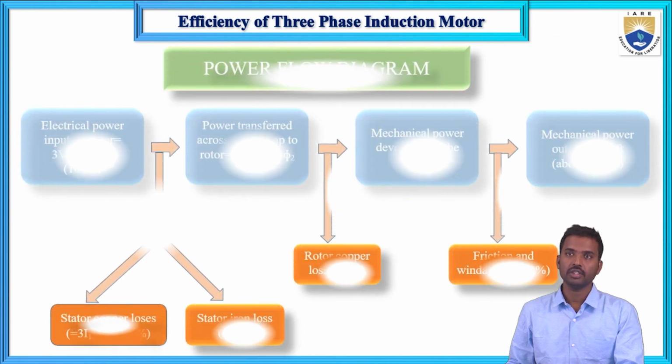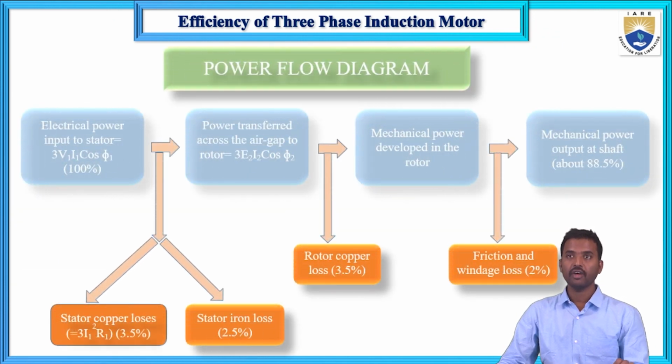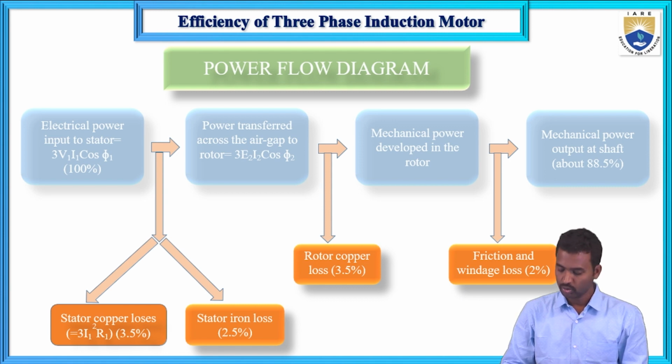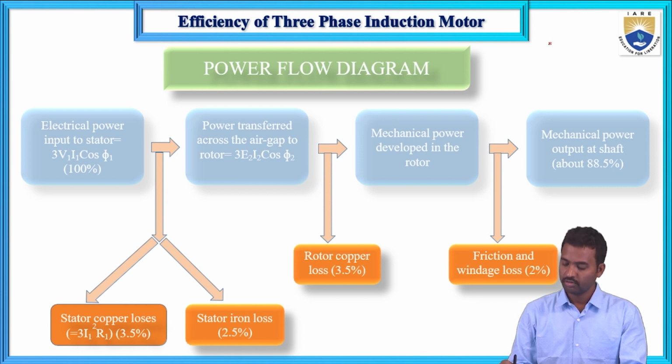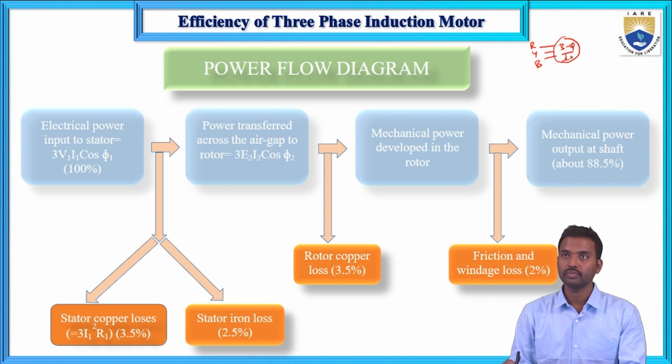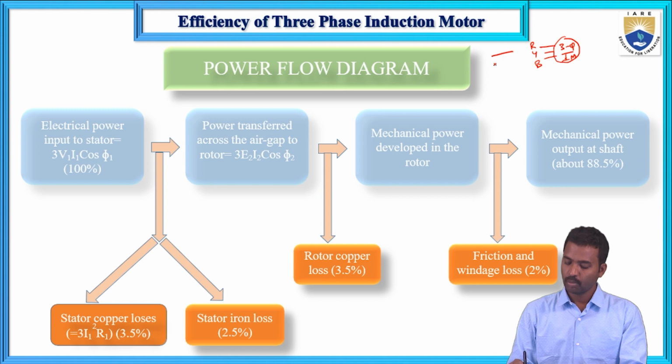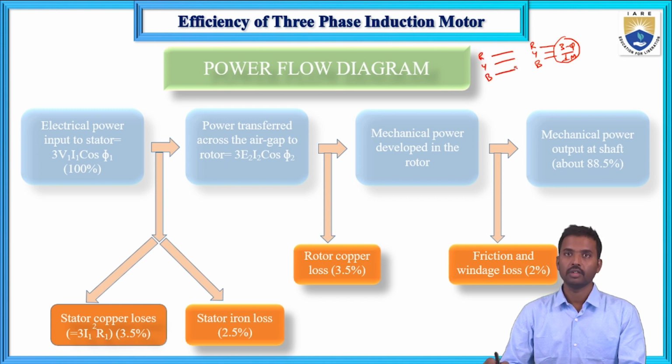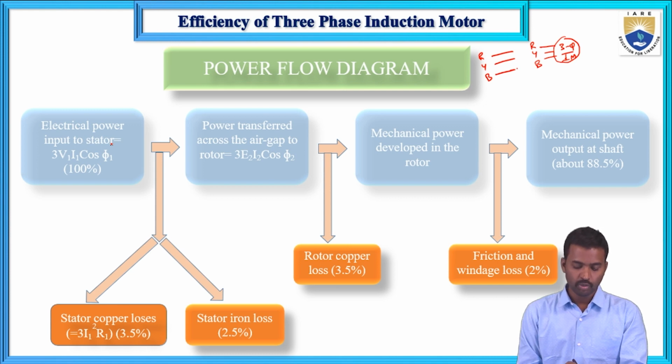Here is the power flow diagram for the three-phase induction motor. First, this is the RYB three-phase induction motor. This is the three-phase supply, RYB. Now the electrical power is the input to the stator.